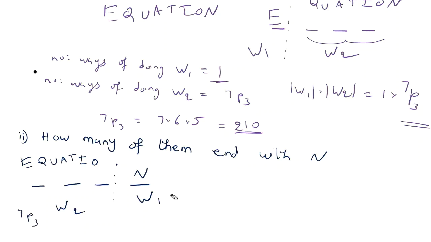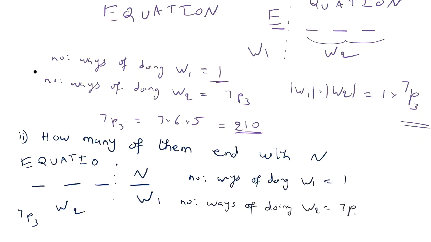So W1 can be performed in only one way, W2 can be performed in 7P3 ways. Therefore, the number of ways of doing W1 is equal to 1, and the number of ways of doing W2 is equal to 7P3.